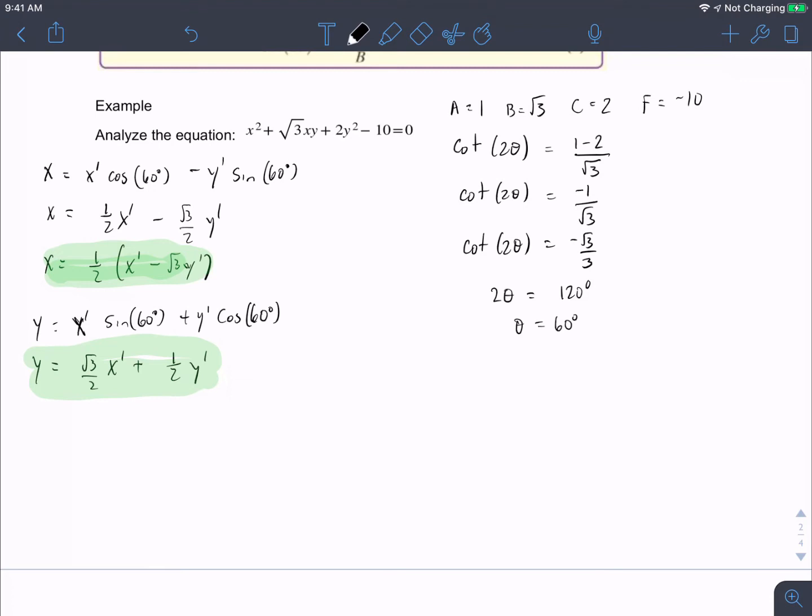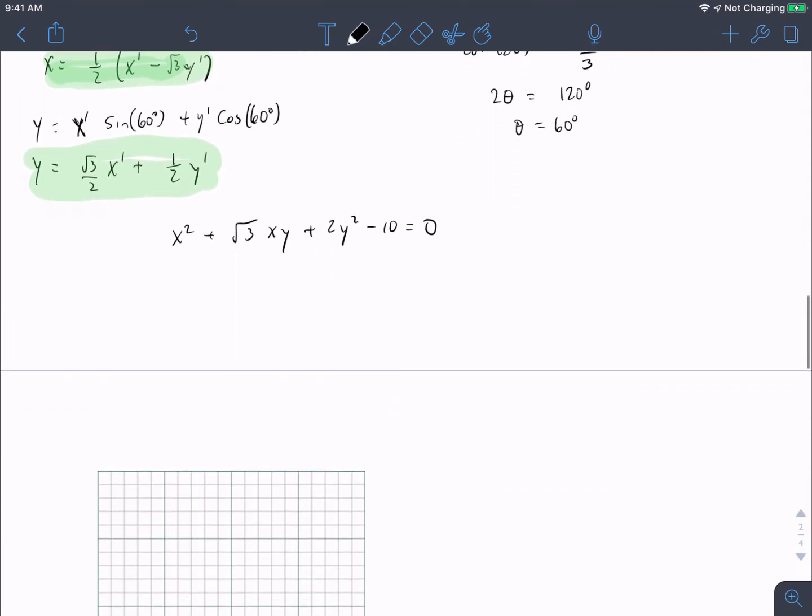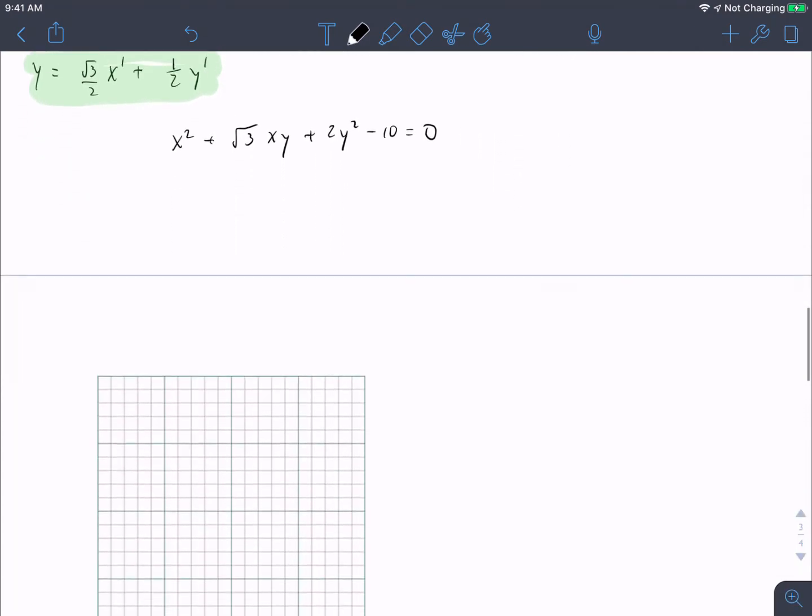And so I'll rewrite the original equation just so we have it, because this is going to be kind of ugly in terms of just the length of amount of work that we're going to do, and then to be able to graph it.